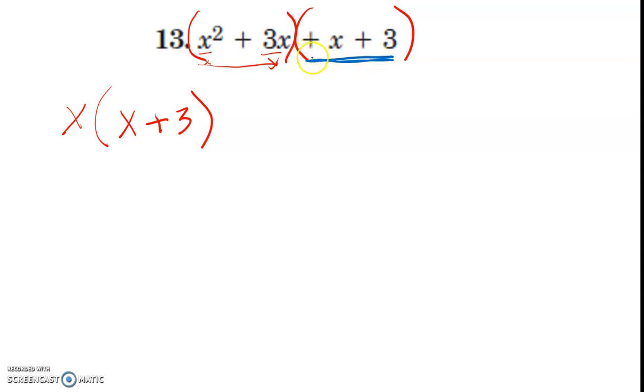In this case, they're all positive, and there isn't a GCF other than 1, but I can take it out. I'm going to take out a positive 1 from the set of parentheses. Taking out the positive 1 isn't going to change what's already in there.